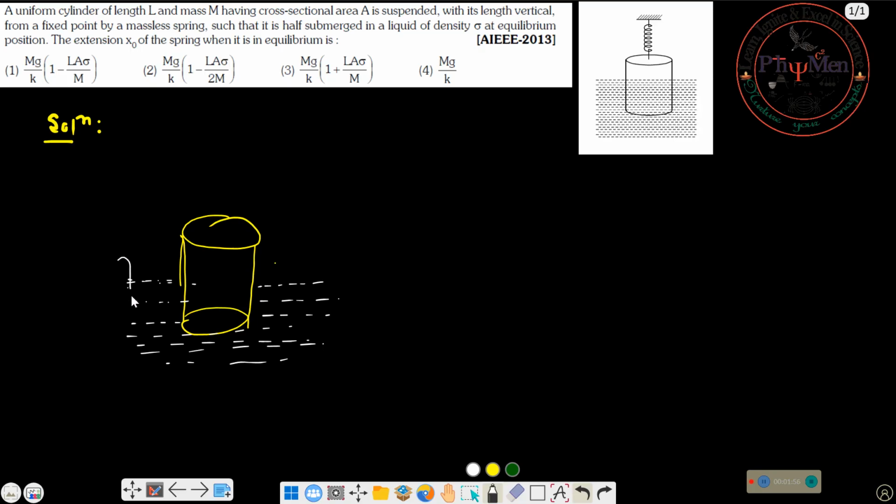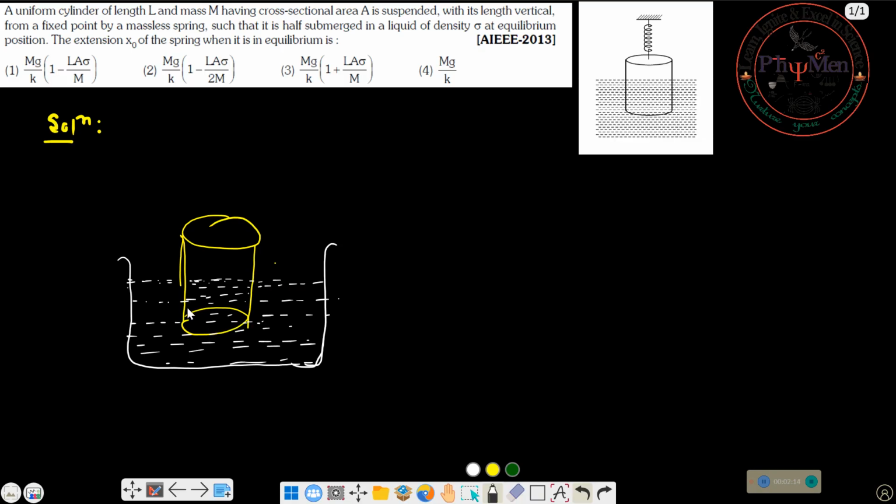And how is it dipped? Half submerged. Half submerged means the cylinder is submerged by half of its length.